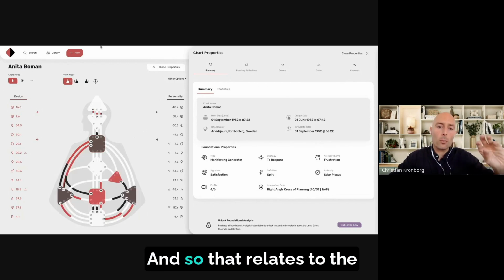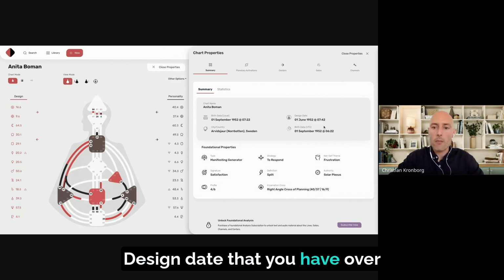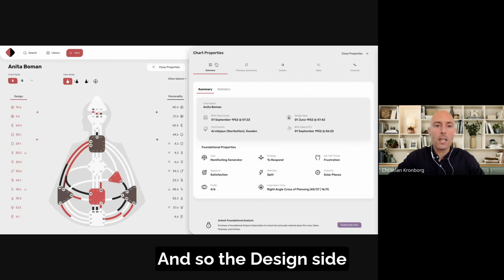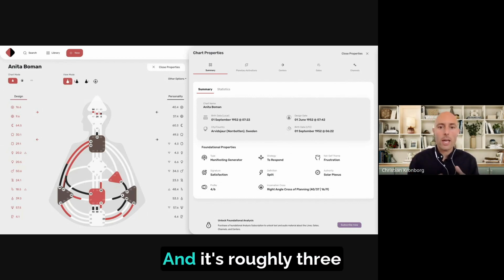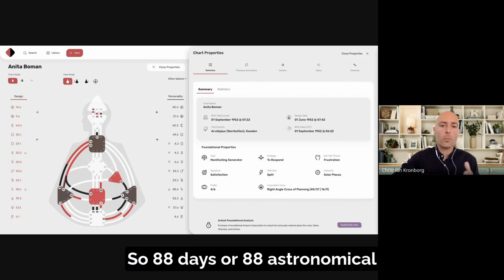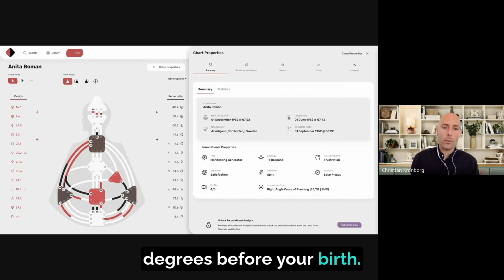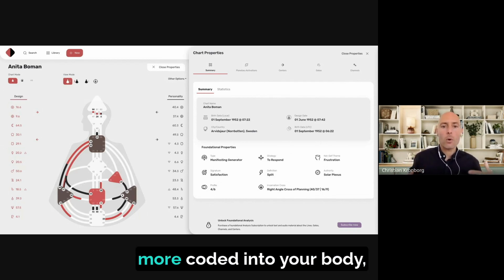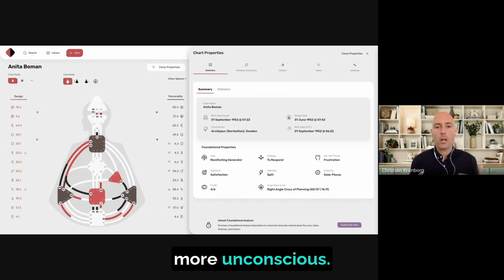That relates to the design date that you have over here. So you have a birth date, and then you have a design date. The design side is more unconscious, and it's roughly 3 months before, so 88 days or 88 astronomical degrees before your birth. So it's more hidden, more coded into your body, more unconscious.